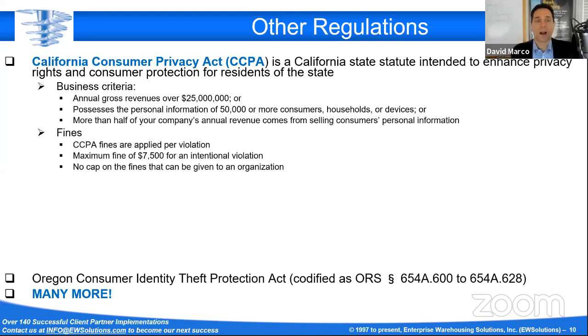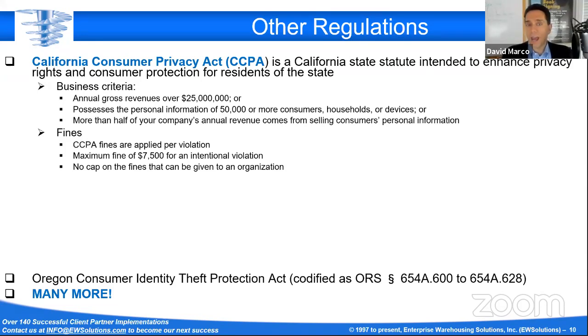Fines here are by violation. The maximum fine per intentional violation, big word, intentional, $7,500. So this doesn't have the same teeth that GDPR does. It's not 5% of gross revenues. However, it is significant because there's no cap on the fines.